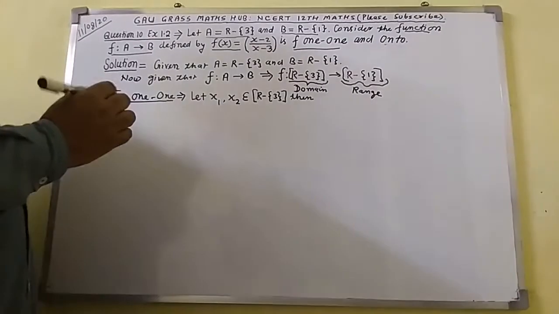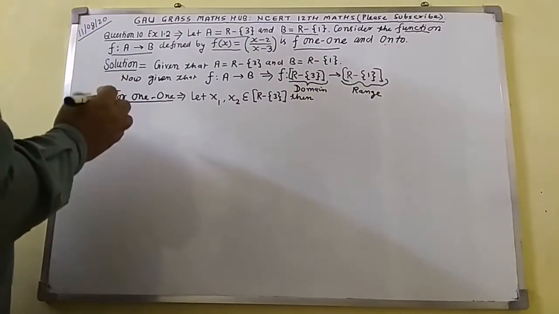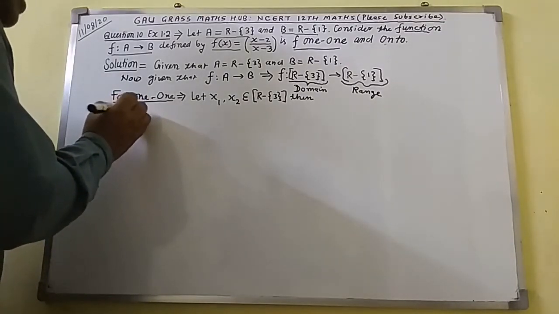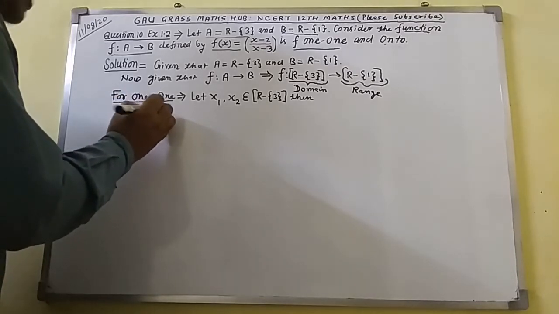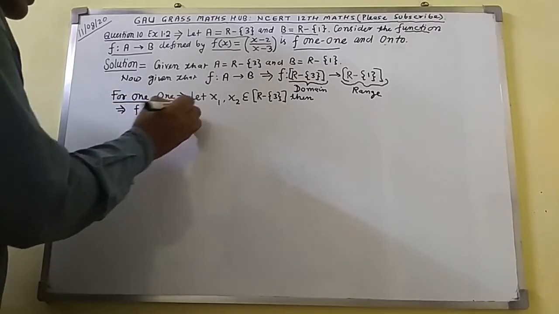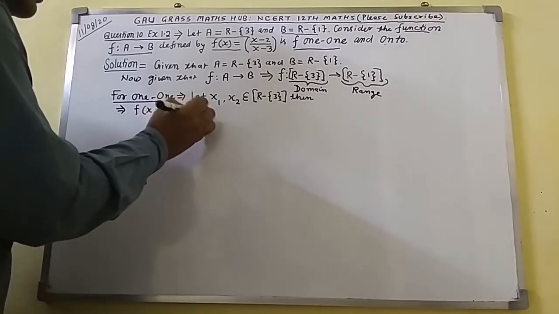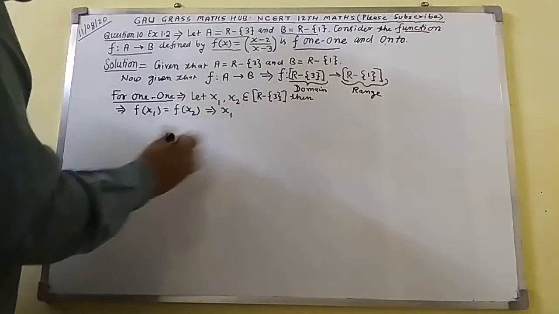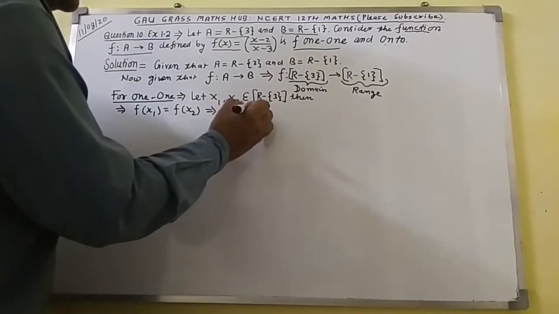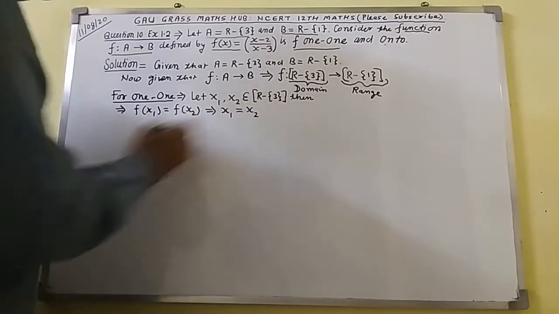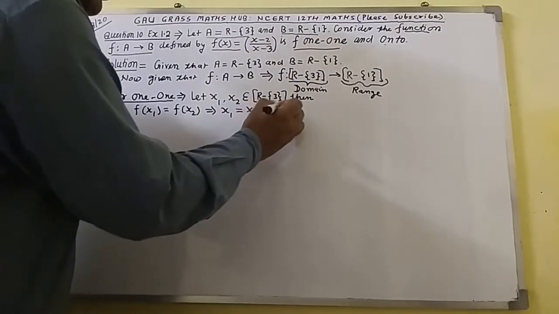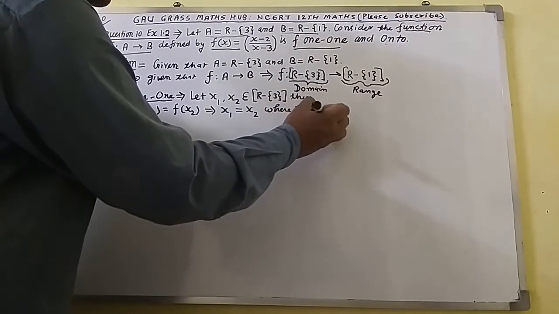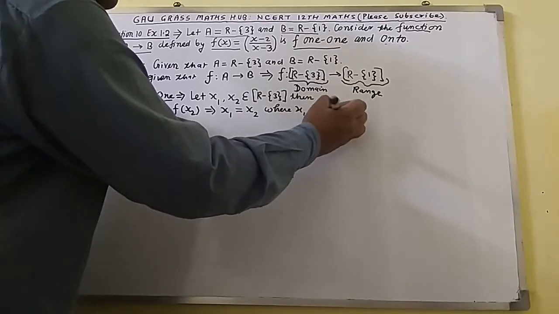Then what will be the result? Then f of x1 equal to f of x2 implies that x1 equal to x2, where x1, x2 belong to the domain.